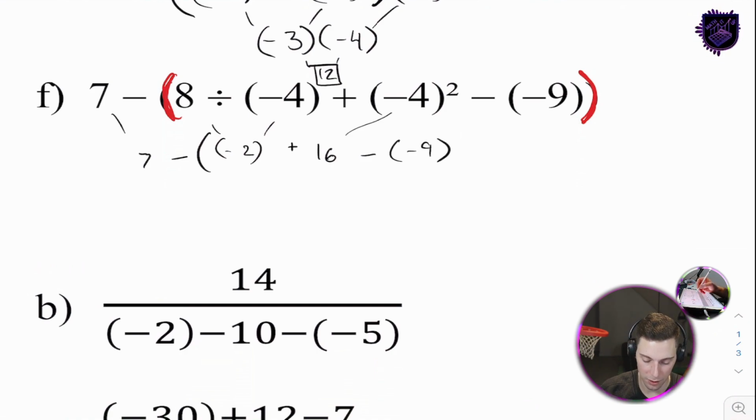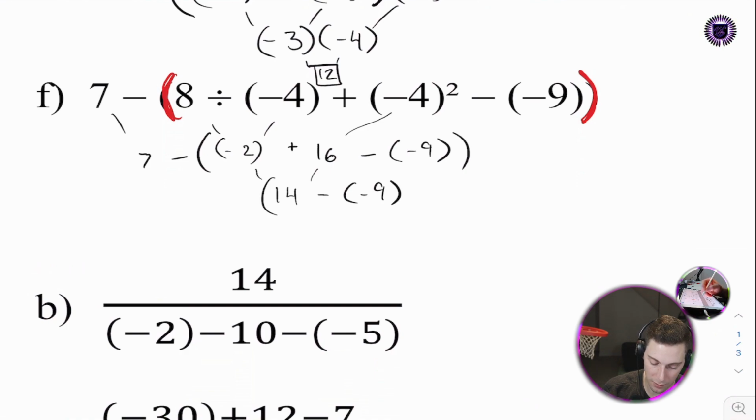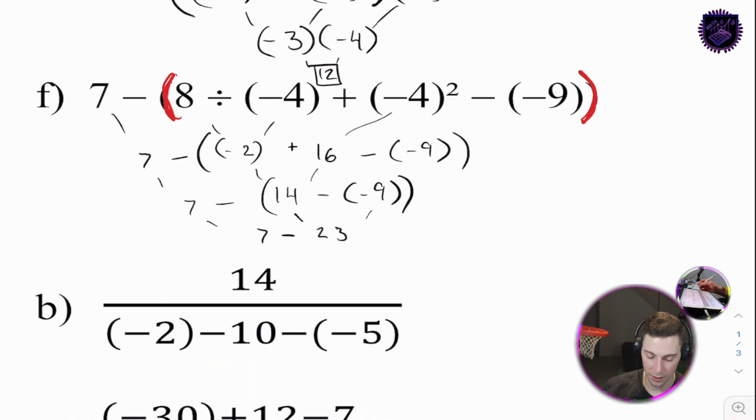Now we are at addition and subtraction within the bracket. Negative 2 plus 16 is going to be 14. 14 minus negative 9 is going to be positive 23. And then 7 minus 23.